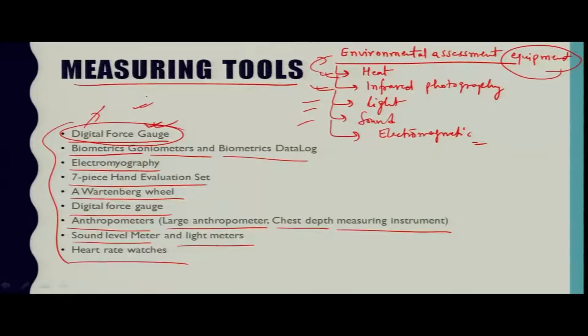So here is the application of digital force gauge in ergonomics.